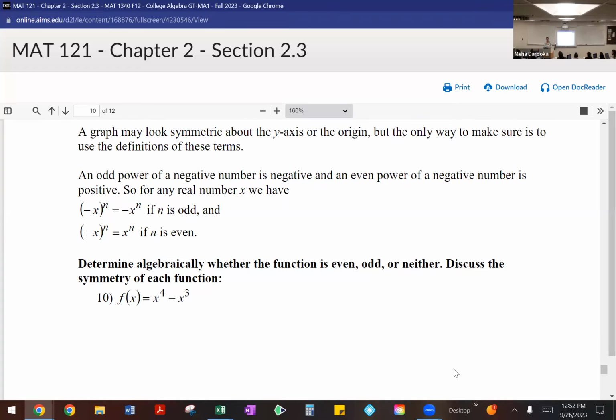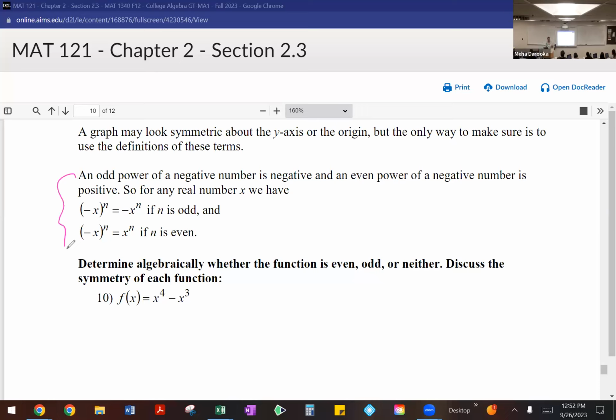So they're saying if you have an odd power of a negative number, so I'm looking at this little guy here, then your answer is going to be negative. If you have an even power of a negative number, your answer is going to be positive.